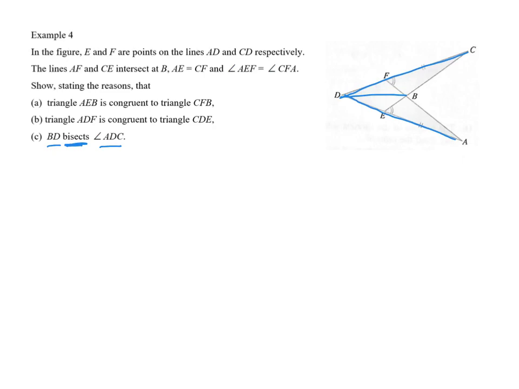From my diagram, if I draw the line BD and then I have the angle ADC, actually I can form two triangles. One over here and another one over here.